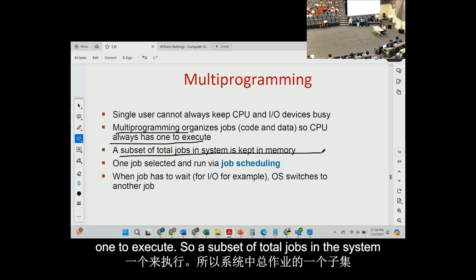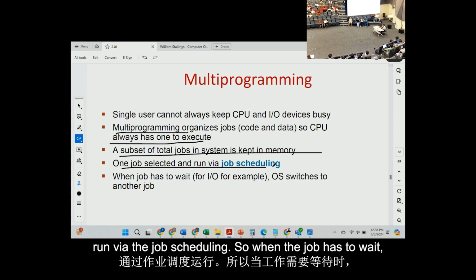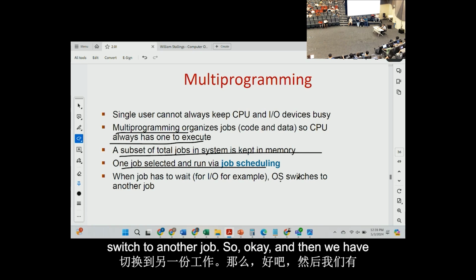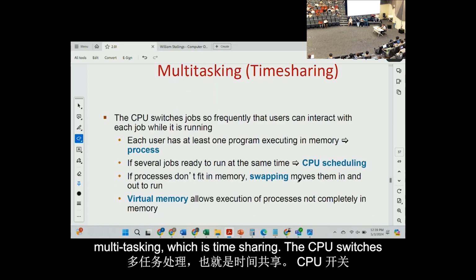A subset of the total jobs in the system is kept in memory, and then one job is selected and run via job scheduling. So when the job has to wait, for example for I/O, the operating system will switch to another job.